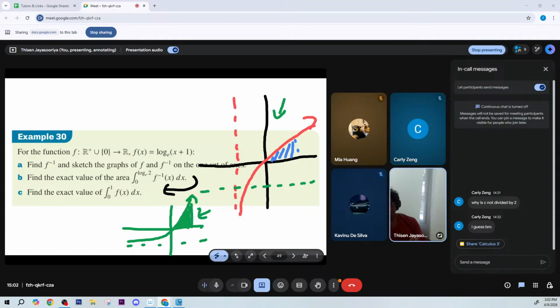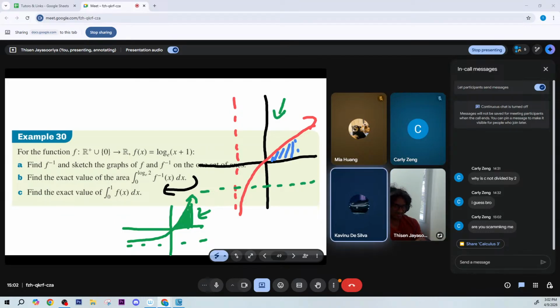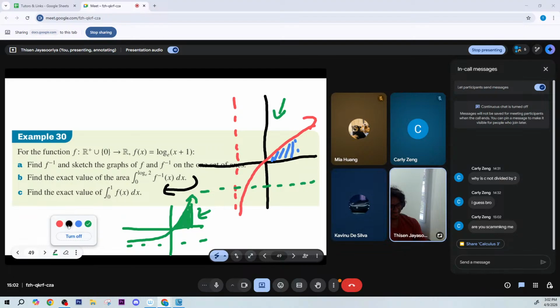Mia, do you think you know? Kavinu, Carly, anyone? Is it like the area on the top because they're inverse? It's this area.